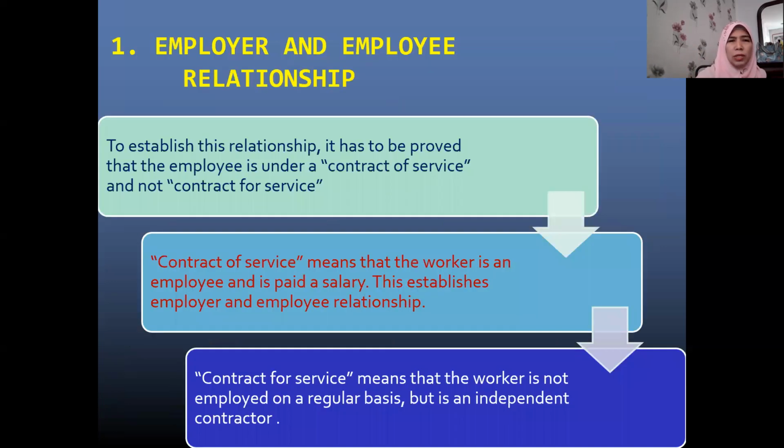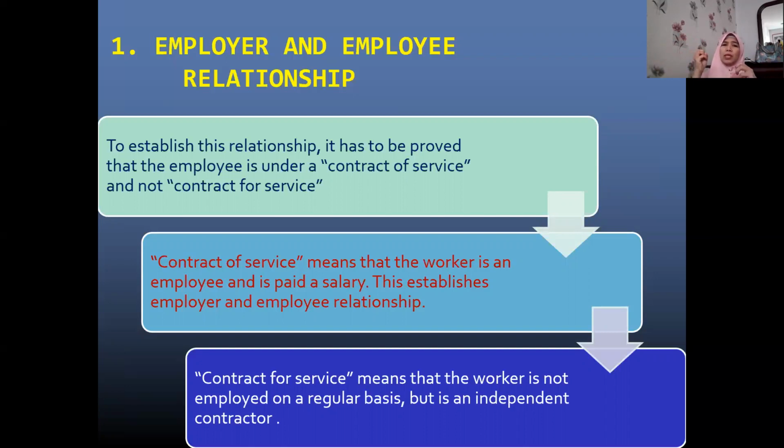So let's focus on the first element, which is employer and employee relationship. In order to establish this relationship, it has to be proved that the employee, the staff, the worker, the servant is under a contract of service and not a contract for service. In this contract, there exist two different types of contract between employer and employee.